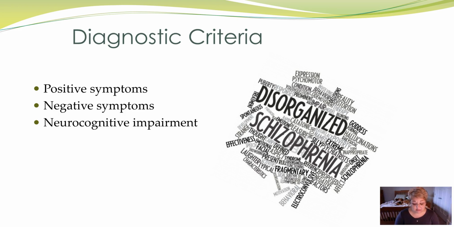We have affective changes. So these folks have flat affect. They show little or no emotion, and this especially occurs when there's something significant going on that may impact a regular person, they don't perceive that loss at all. They don't get upset. They're just very flat.